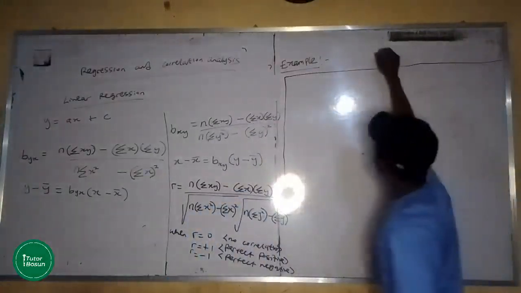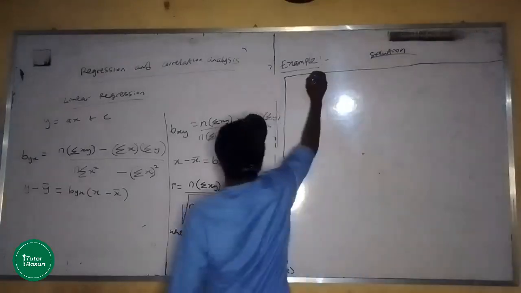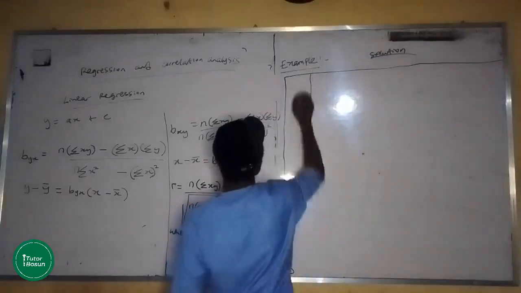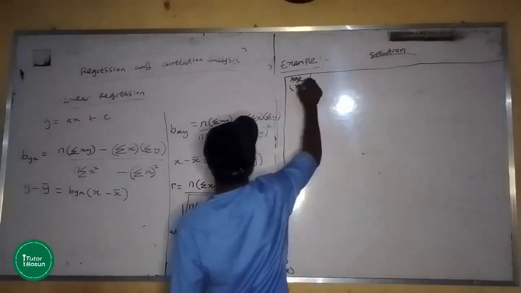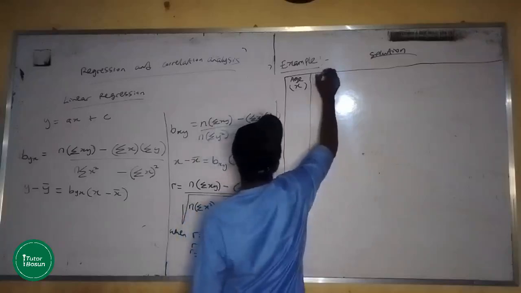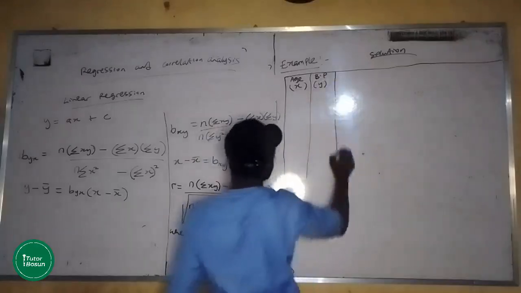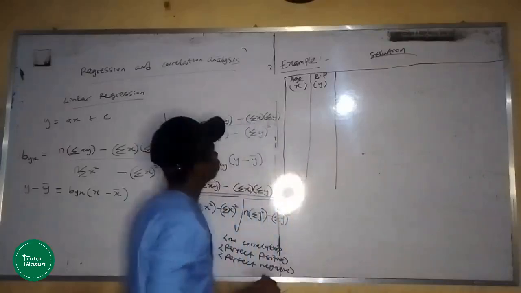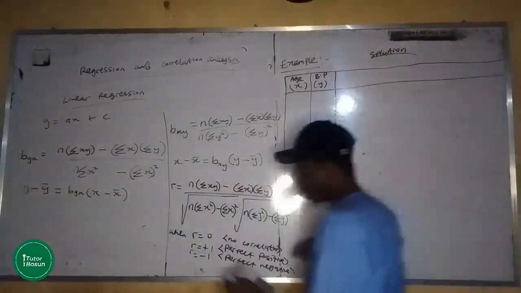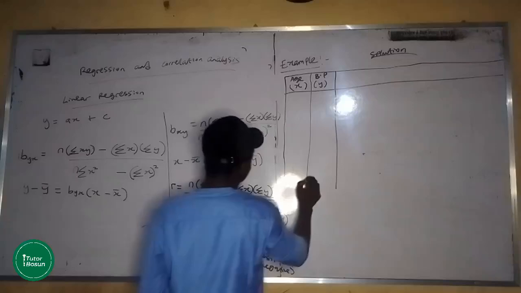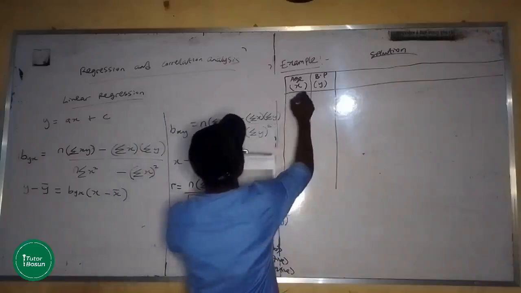So this is our table, this is the solution to that. So we're making age our X, and BP, blood pressure, we are making it our Y. As you can see, here we have 35.